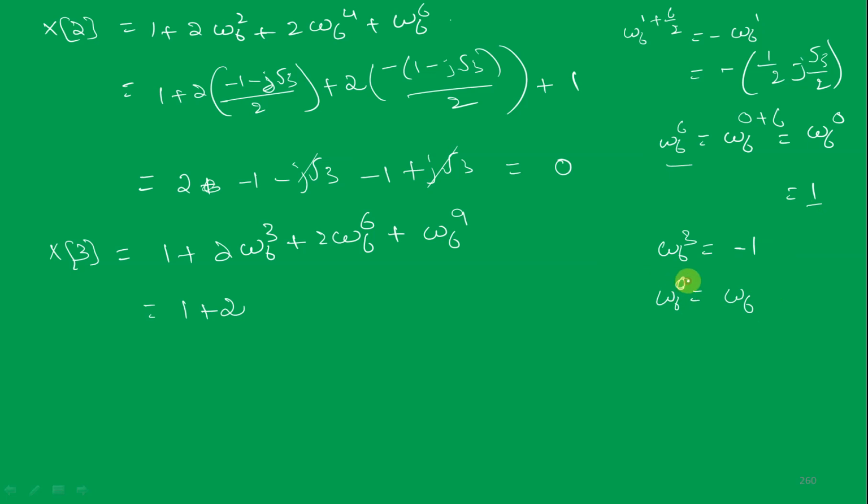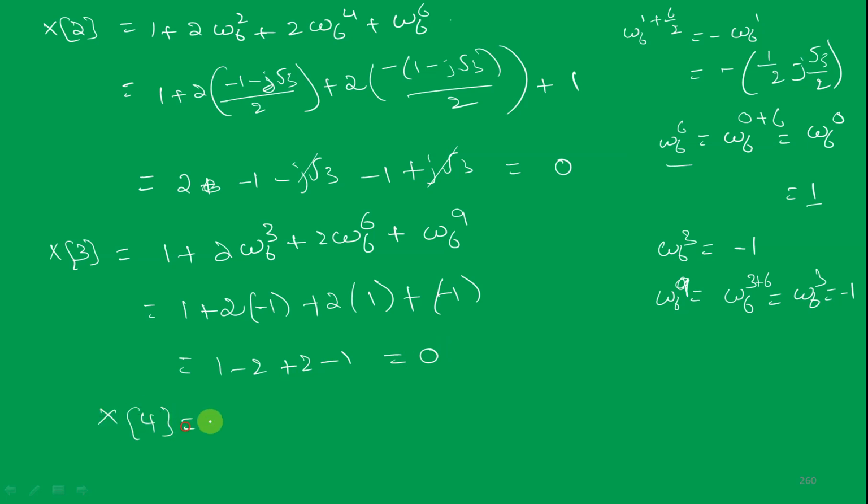Next one, W6 power 9 means 3 plus 6, W6 power 3, minus 1. Very simple. From the knowledge of very few twiddle factors, we can find all the other twiddle factor values. Here minus 1 plus 2 is 1, here minus 1. Now 1 minus 2 plus 2 minus 1. What is the answer here? 0.